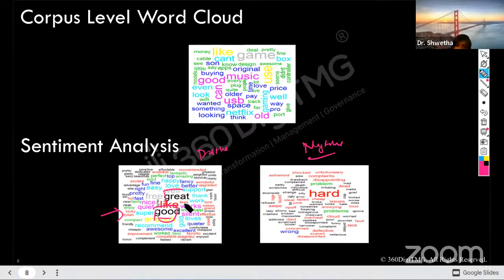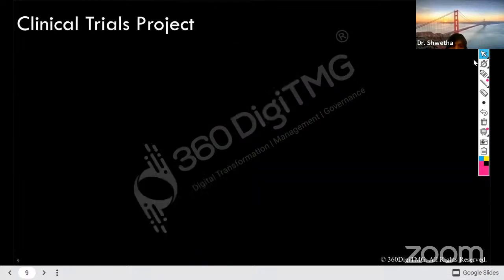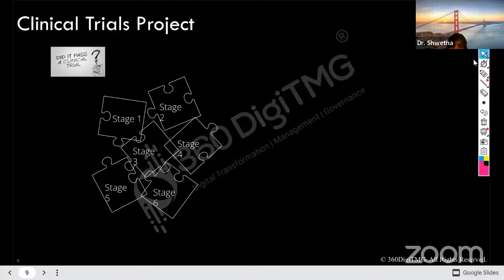So good, great are the positive words which were being talked about. When it comes to negative, it was hard to use. So sentiment analysis can also be done so that we can understand from the reviews how the product is, or what can be improved in the product.